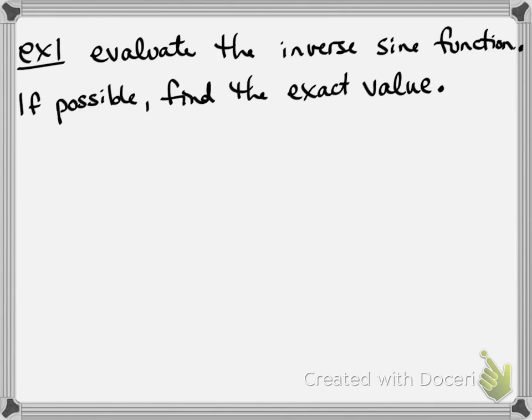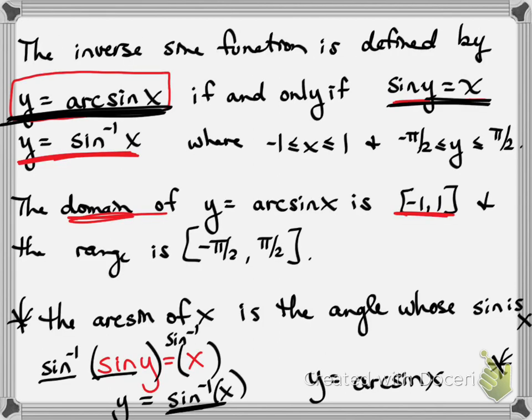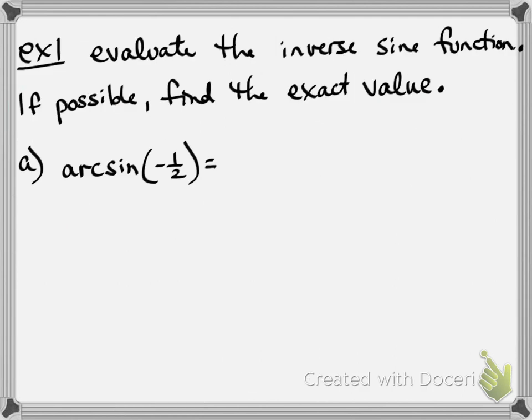Okay, so A part is arcsine of negative 1/2. I like to go ahead and say, like we're using that formula, arcsine that we just wrote down on the other page. Arcsine of something is y. So I like to go ahead and put that there.